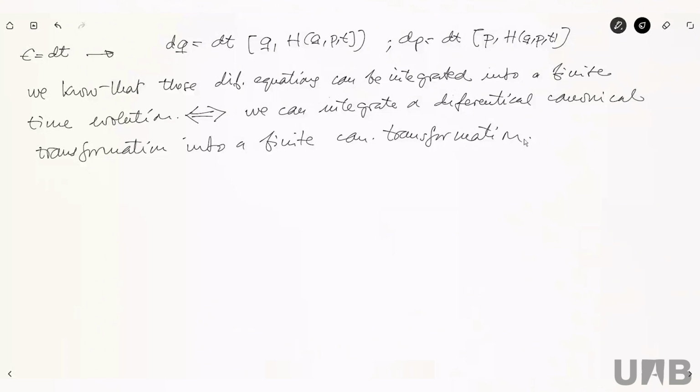This can be formally proved and justified, but just by the comparison with the time evolution, you already see it. When dt was epsilon, the parameter controlling a differential canonical transformation, you can integrate these differential equations into some finite time evolution. For the same reason, you're going to be able to integrate a differential canonical transformation into a finite canonical transformation, okay? So that's one thing that we learned.